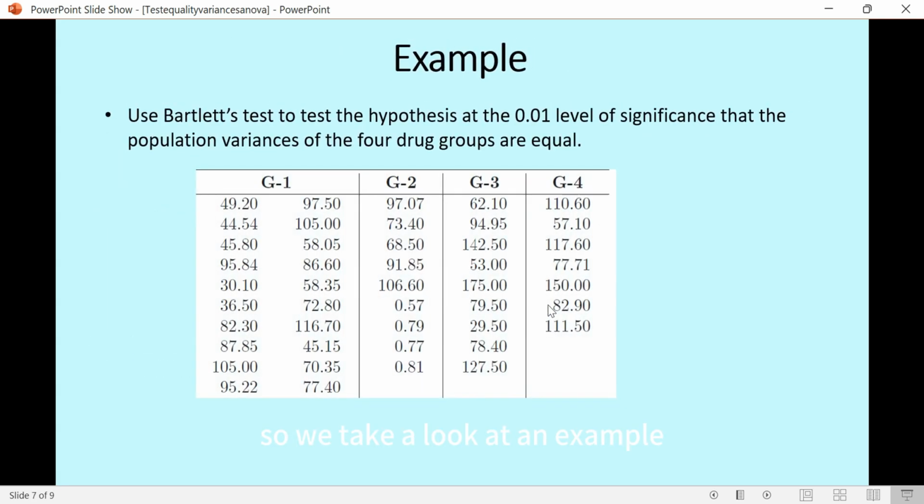Let's take a look at an example. Use Bartlett's test to test the hypothesis at the 0.01 level of significance that the population variances of the 4 drug groups are equal. So here we have 4 groups, so k is 4, and their sizes differ between groups. Although these two are the same, these two are not the same as this one.